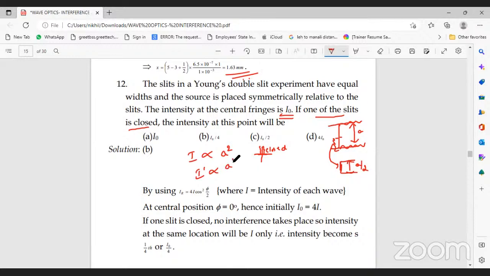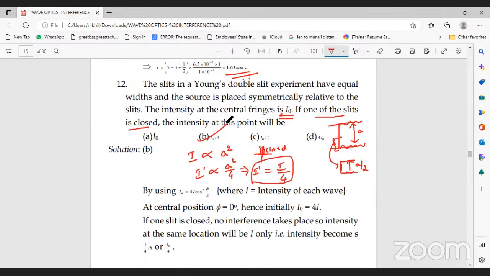A by 2 squared, A squared by 4. So I dash is equal to I by 4. So new intensity will become original intensity divided by how much? 4.